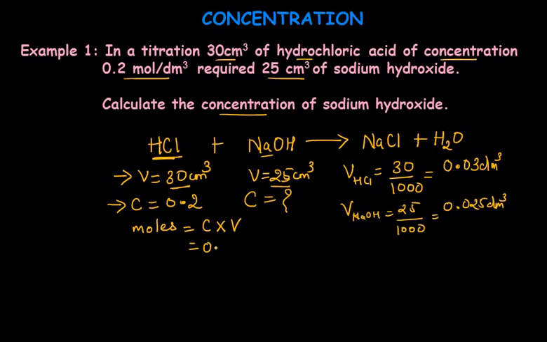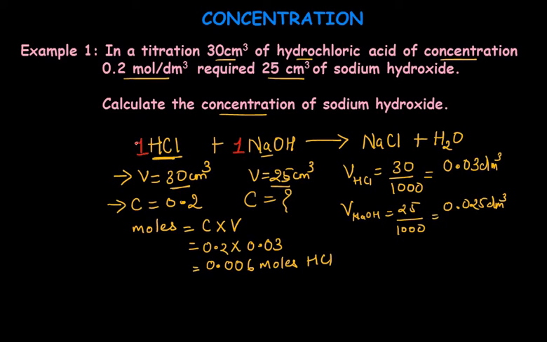Now let's calculate the moles of hydrochloric acid. So the concentration is 0.2 and volume is 0.03. So the moles of HCl is 0.006 moles, which you can also write as 6 into 10 power minus 3. Now let's have a look at the equation once again. Here we have a mole ratio of 1:1.